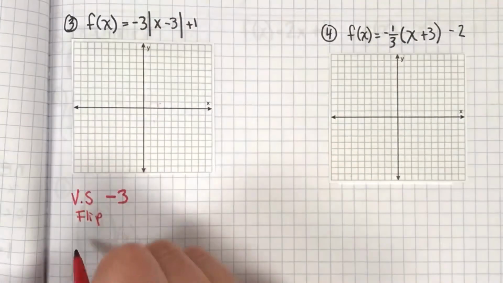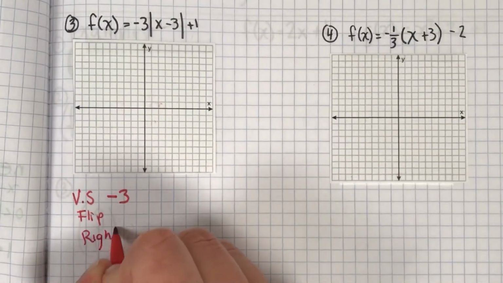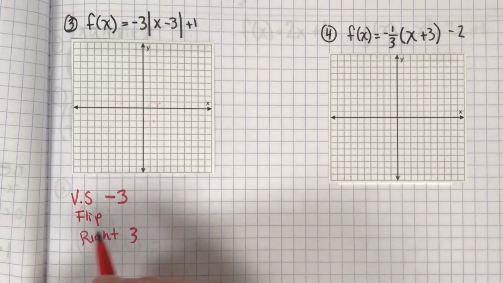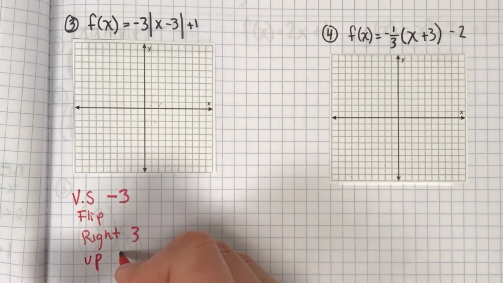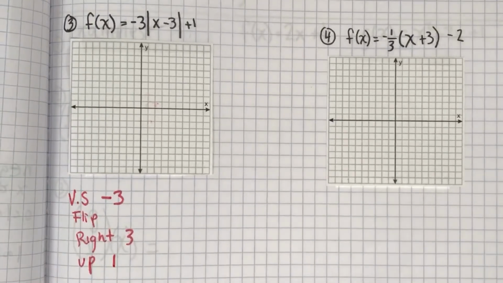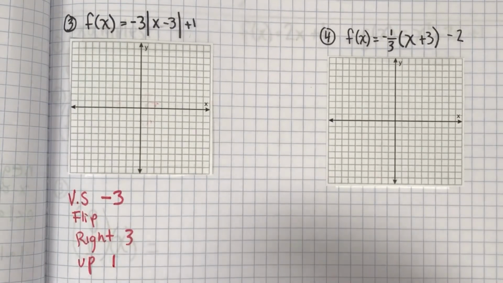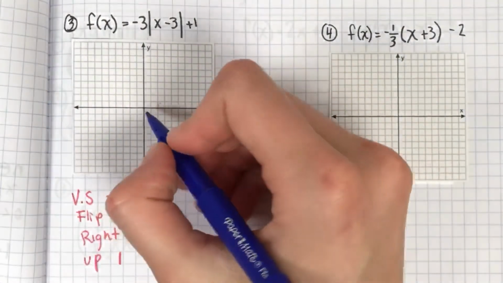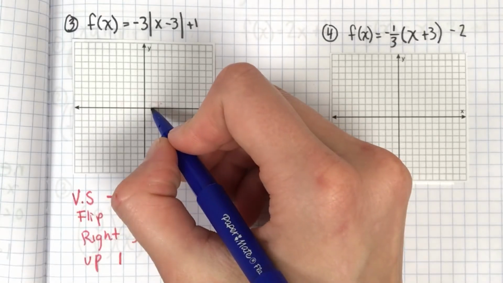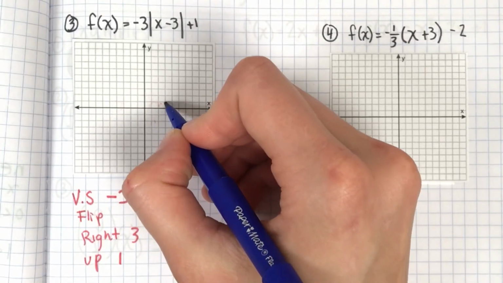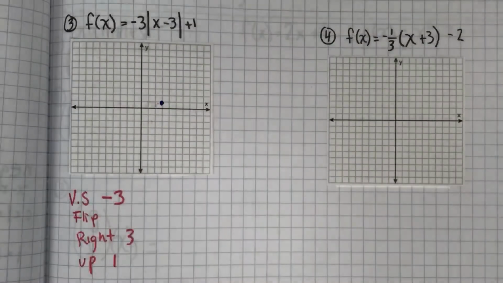This says -3, so that means I'm going to go right 3, and +1 means I'm going to go up 1. So we can start with the vertex of our absolute value, which is going to be 1, 2, 3, and right there.